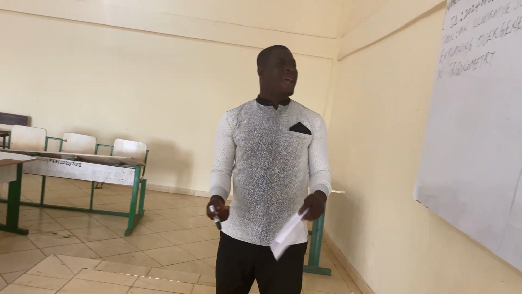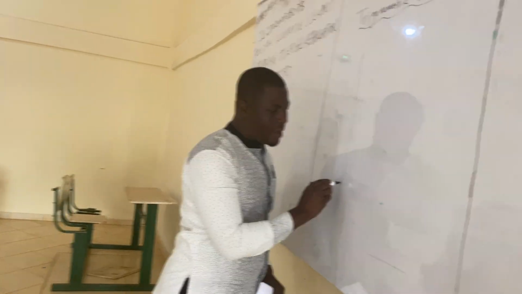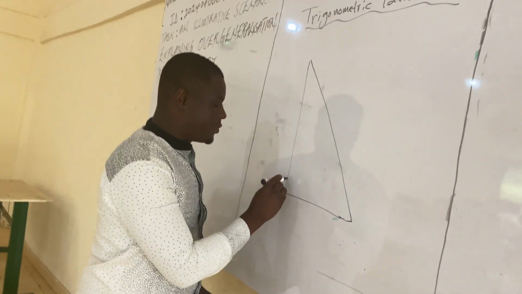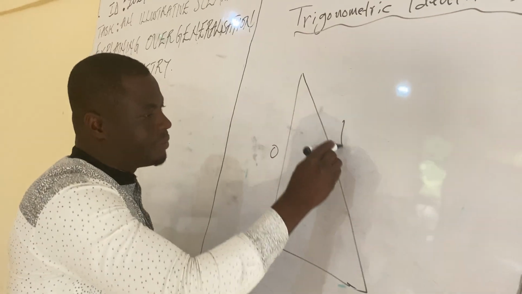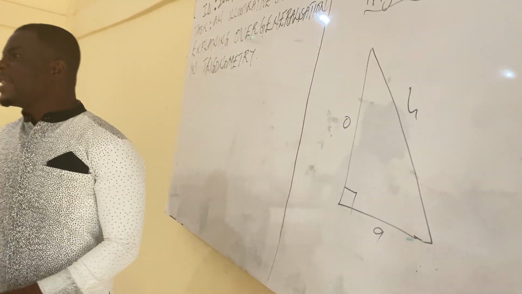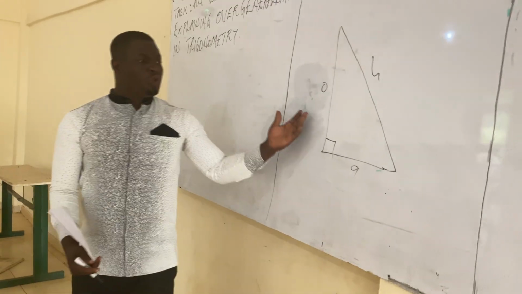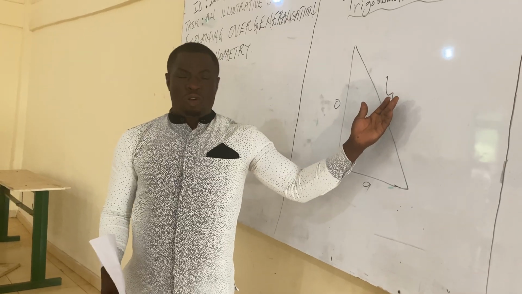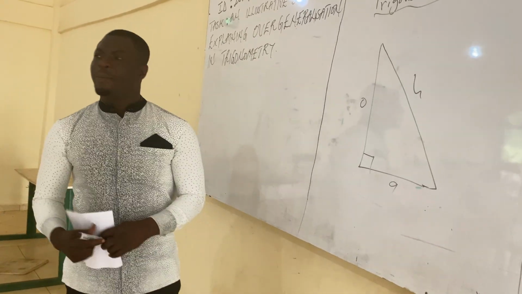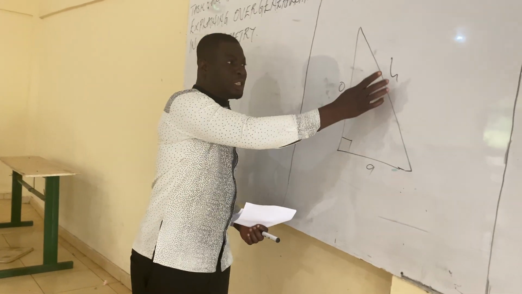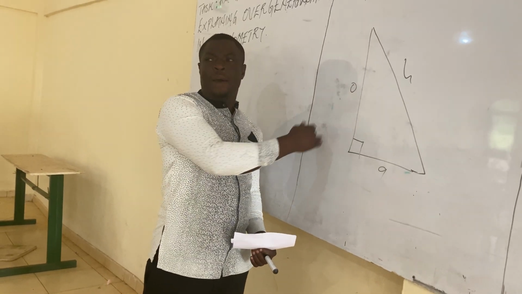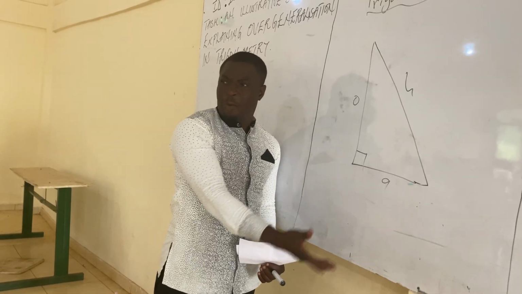Okay. So realize that if you're having a right angle triangle, and the other two sides of the triangle are given, and you are being asked to calculate the longest side, we always use the Pythagoras theorem, which says that the square of the longest side should be equal to the square of the other side plus the square of the opposite side.